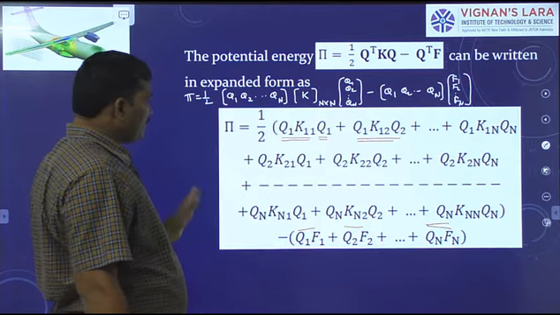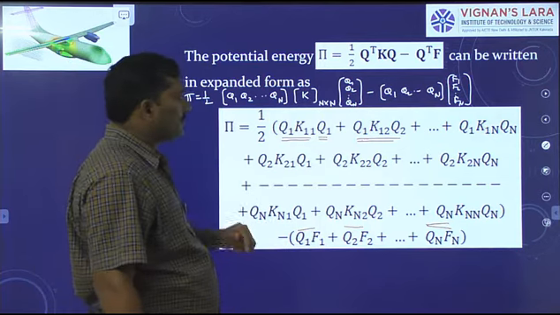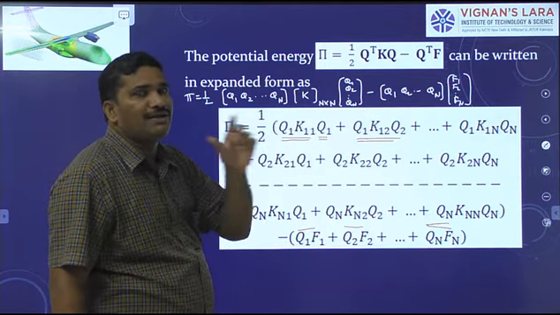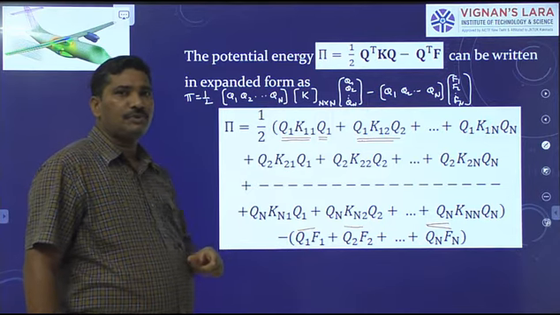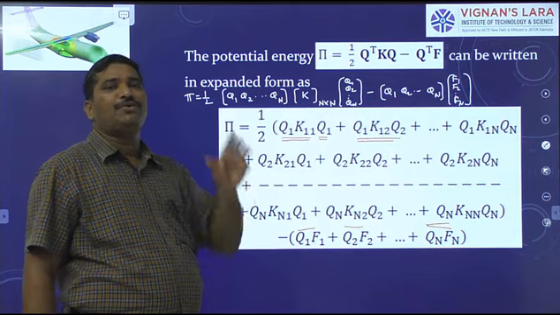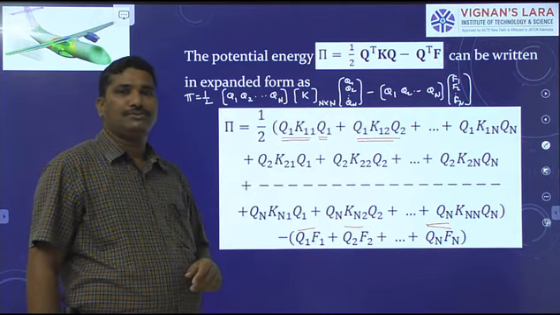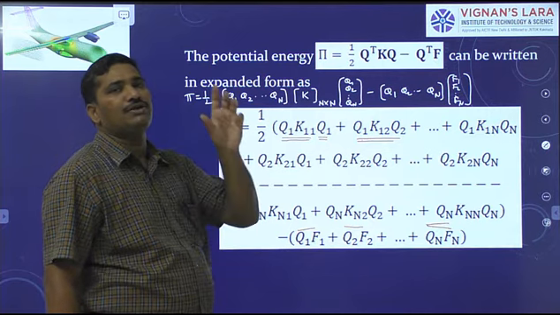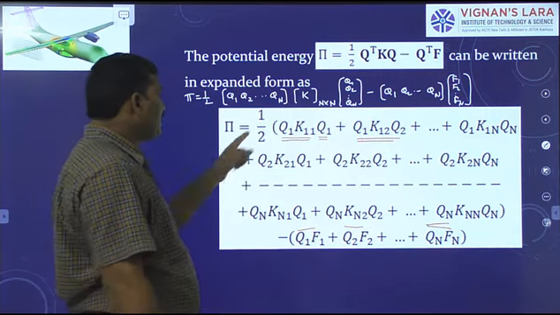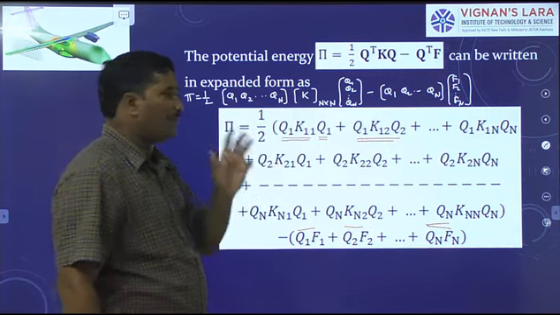After writing like this, what is Q1? Q1 equal to say A1, a single point displacement, or single displacement boundary condition. I take say Q1 equal to A1. Then in place of Q1, put A1.